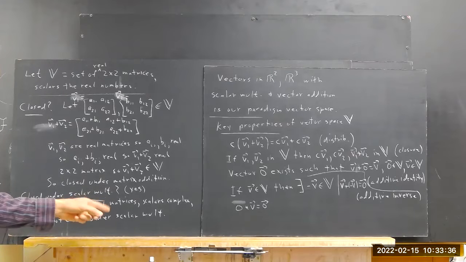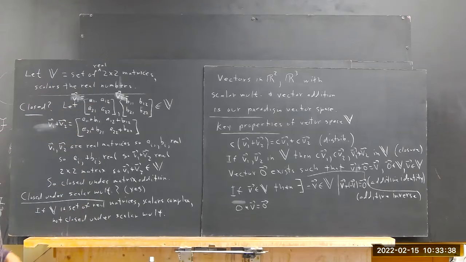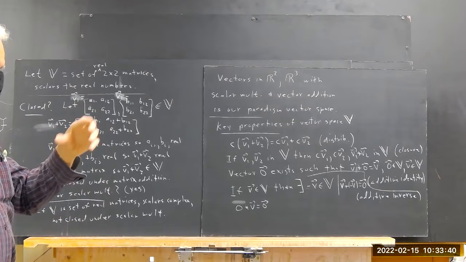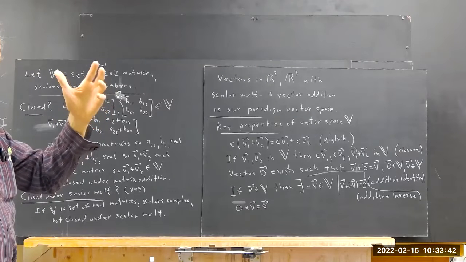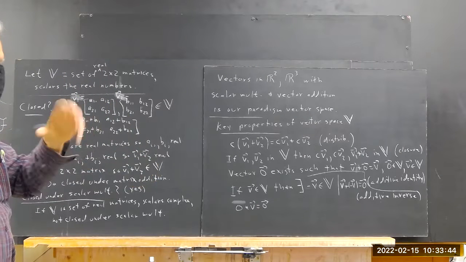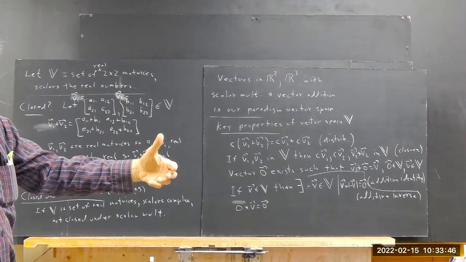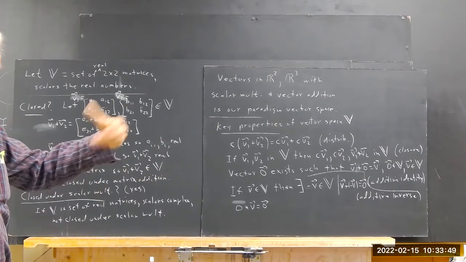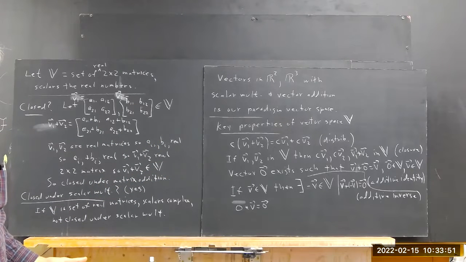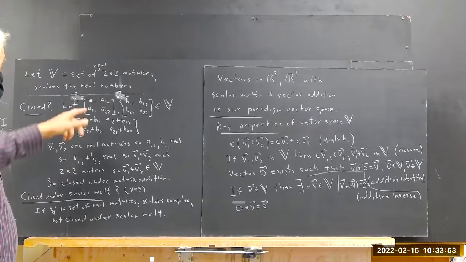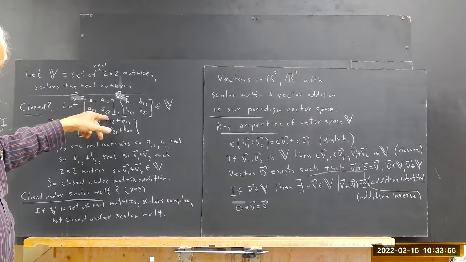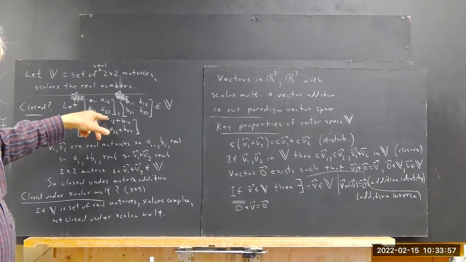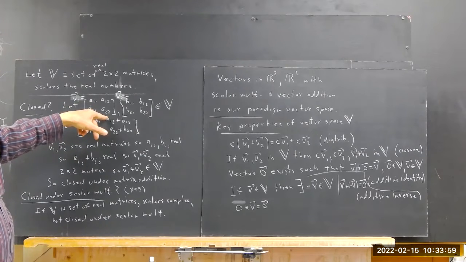Because if you multiply this matrix by 2i, or 2 plus the square root of 3i, something you'd easily get from a quadratic equation, right? Then all of these would have imaginary components and they wouldn't be real anymore.